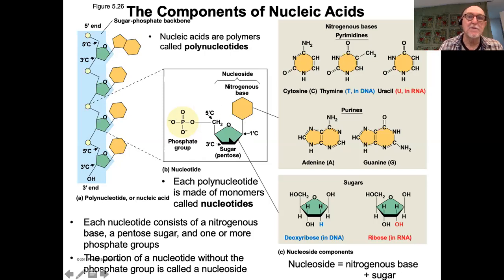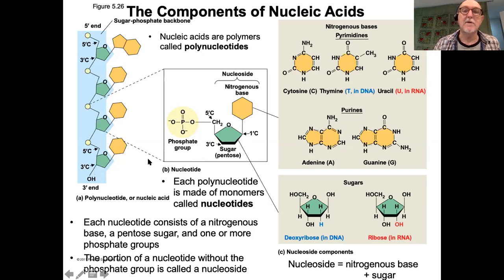And it won't surprise you to learn that when we build a nucleic acid, the nucleic acids can be thousands upon thousands of these units of nucleotides, monomers, joined together. And here they are here. Here's just a single chain.